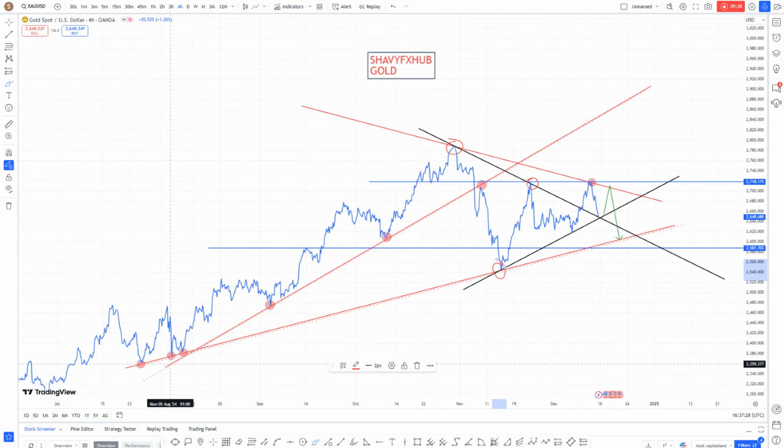After price updating this demand floor multiple times in the past, we have a July demand floor, we have another demand floor in August, and price got to this level. And after price came here, it failed to return back and create a stop at this level where we have a breakout structure.